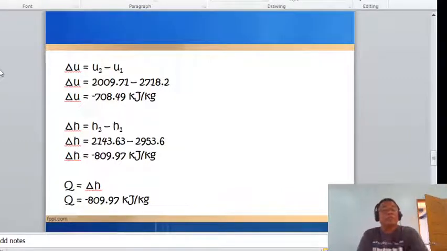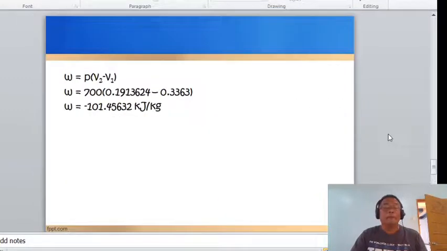The change in internal energy is negative 708.49, and the change in enthalpy is negative 809.97 kilojoules per kilogram. The heat transferred is equal to the change in H, so that is negative 809.97 kilojoules per kilogram.